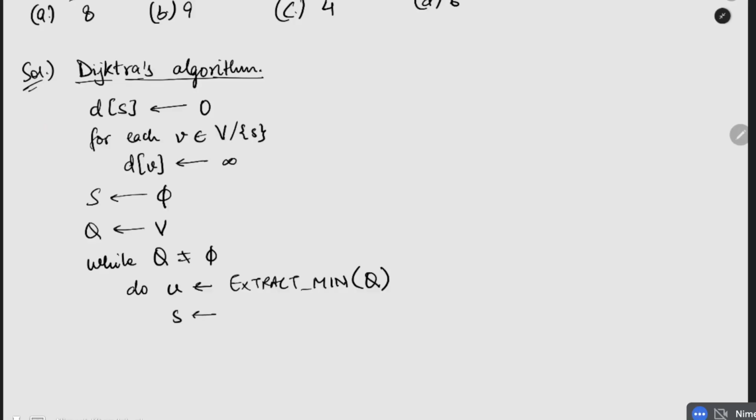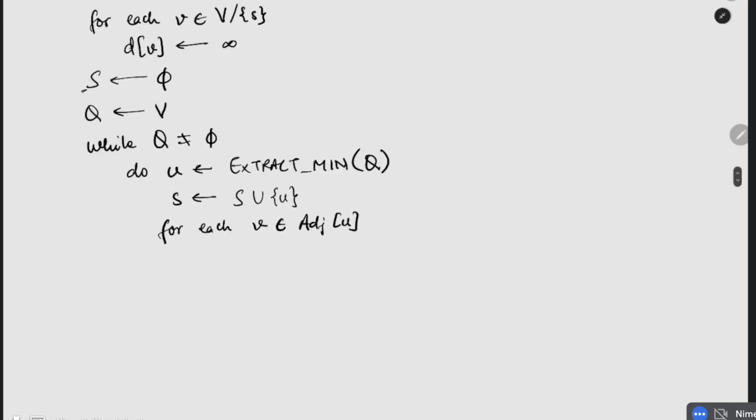And then we update the set S, this one, to mark u as visited, right? And then for each of the adjacent vertices of u, we relax the distances with updation, right?